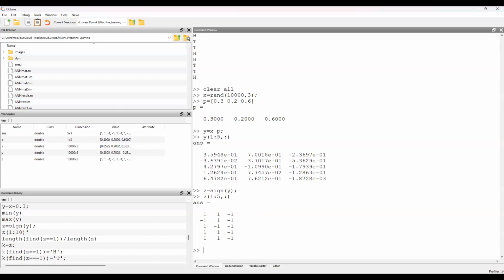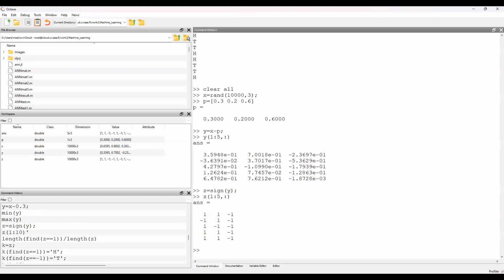We know that the value for head should be like 1. You can do it in a different way: find z1 equal to 1 and z2 equal to 1 and z3 equal to 1. That is fine, but it is easier since we have 3 heads, so the summation of each row must be 3.